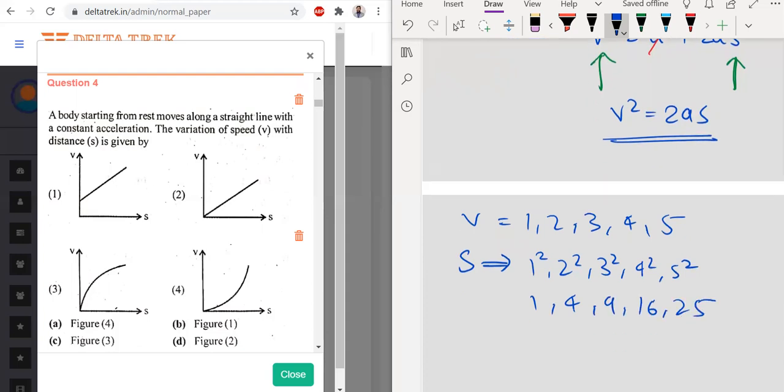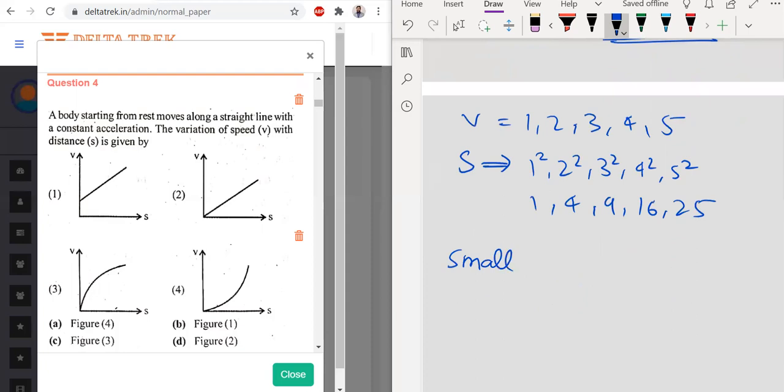This much is changing, which means a small change in v causes a large change in s.